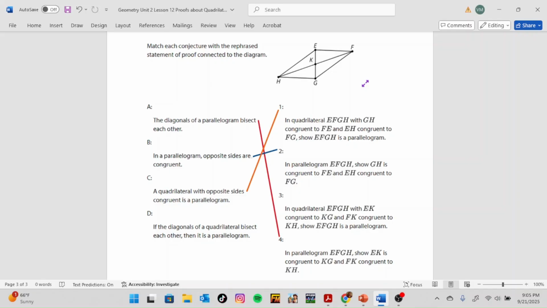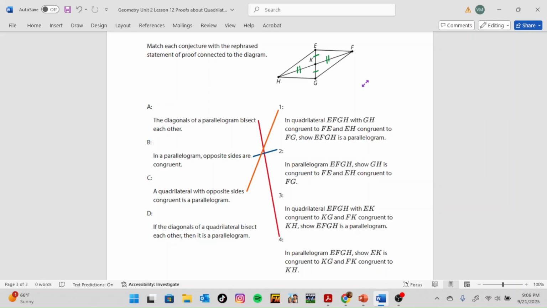In quadrilateral EFGH with EK, the top diagonal, congruent to KG, the bottom diagonal, and FK, the upper right diagonal, congruent to KH, the lower left diagonal, show EFGH is a parallelogram.